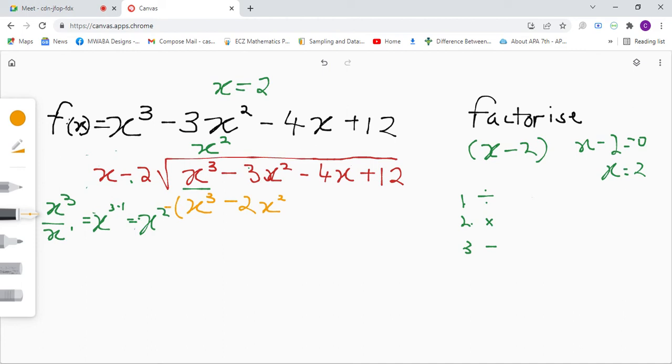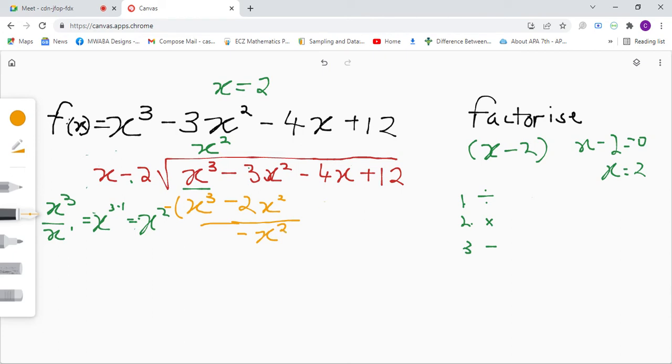We say x cubed minus x cubed, that is 0. Then negative 3x squared minus negative 2x squared, we're going to get negative 1x squared, so it is negative x squared.